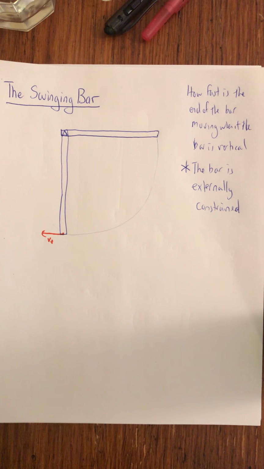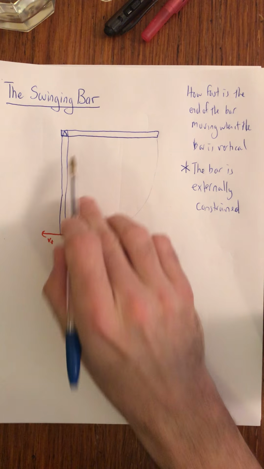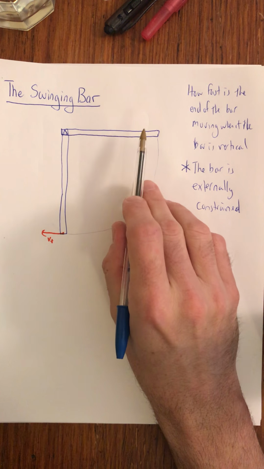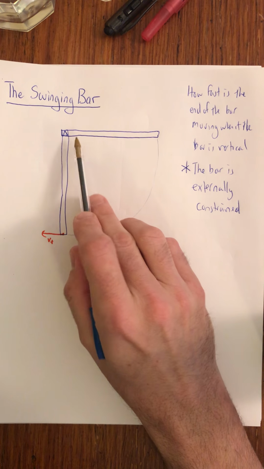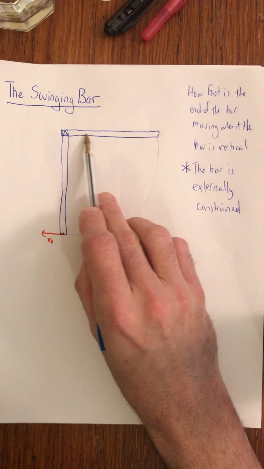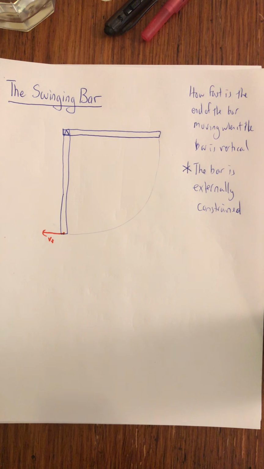Every other point on the bar is going to translate, but we definitely want to think about their rotation, because the translation of all these points is different, but because of the mechanics of rotation of a rigid object, the rotation of all these points is identical. By understanding the rotation, we can figure out what's happening to the translation of individual points.